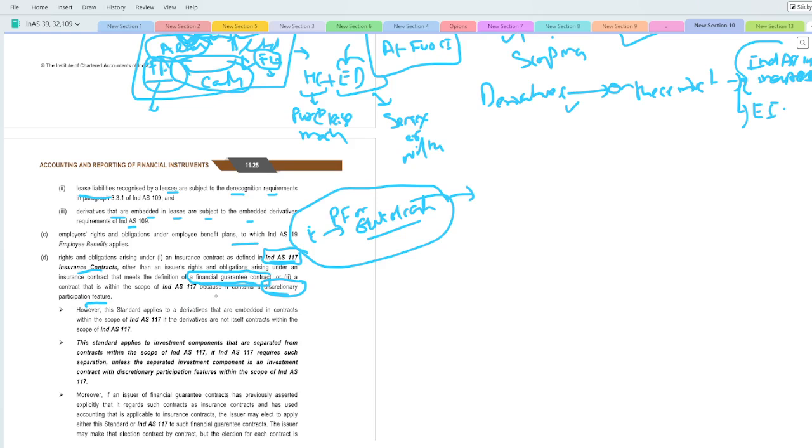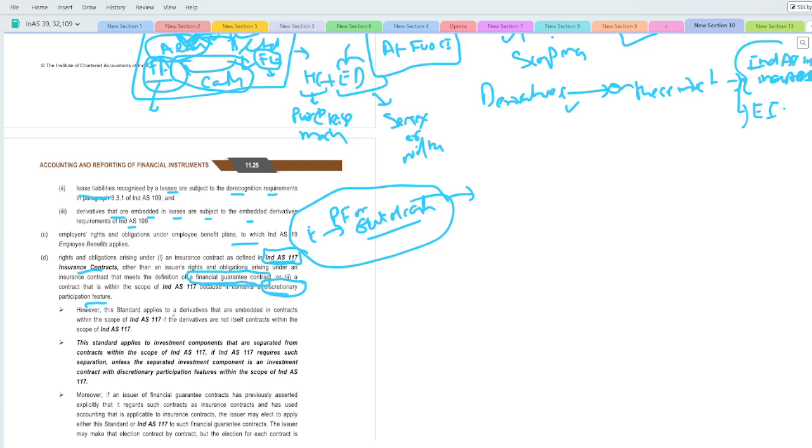So for the discretionary participation feature and the insurance contract, this particular accounting standard applies. But the financial guarantee contract is a separate thing. There the entity can apply Ind AS 109 or Ind AS 117. It depends on the entity; for each contract, it can select whether it wants to go for Ind AS 109 or Ind AS 117.